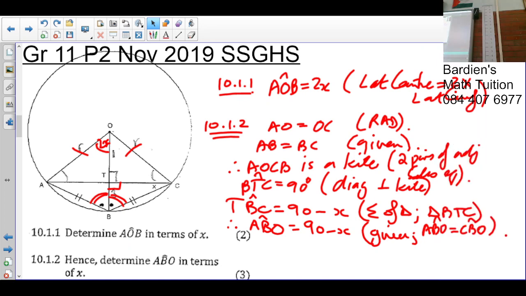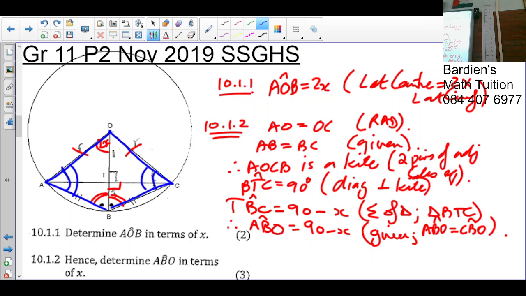Just check there. Because I'm going to use the other color, I'm going to use blue. Okay, OAB is equal to OBA, because it's a kite. But he didn't say it's a kite.